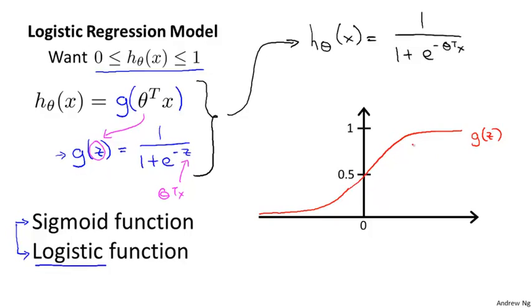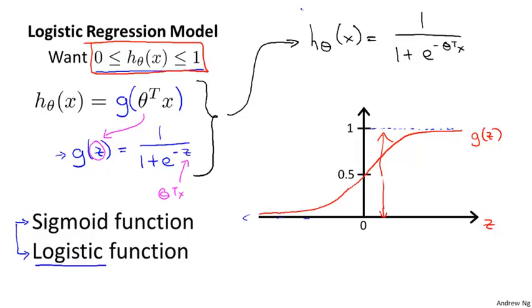And you notice that the sigmoid function asymptotes at 1, and it asymptotes at 0, as z, I guess the horizontal axis is z, goes to minus infinity, g of z approaches 0. And as z goes to infinity, g of z approaches 1. And so because g of z outputs values that are between 0 and 1, we also have that h of x must be between 0 and 1.